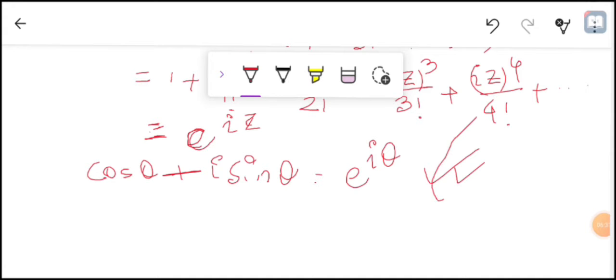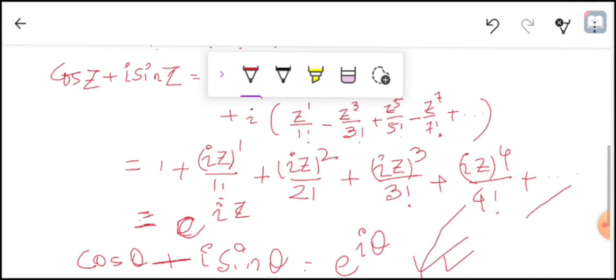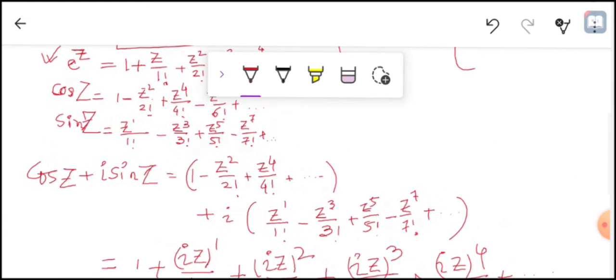So Euler's formula is proved. We have to change this theta to z so that the expansion becomes correct.